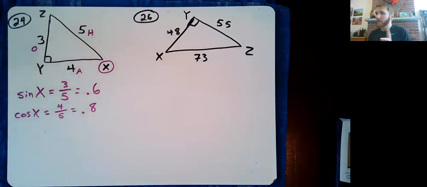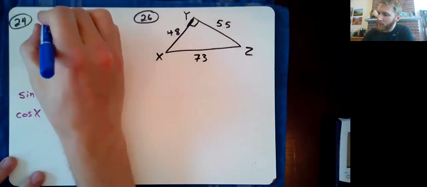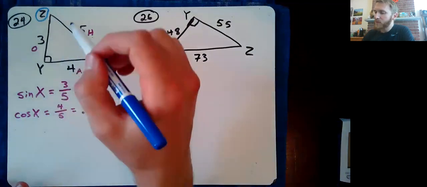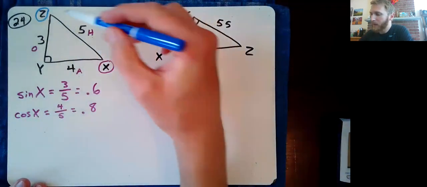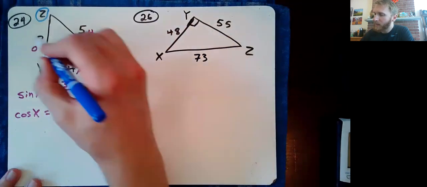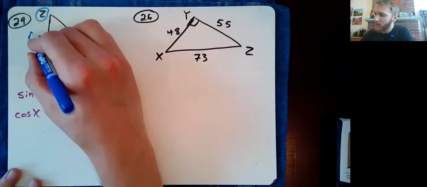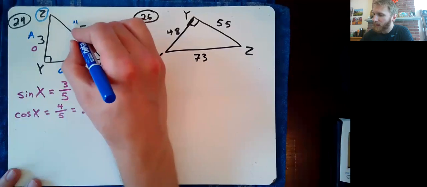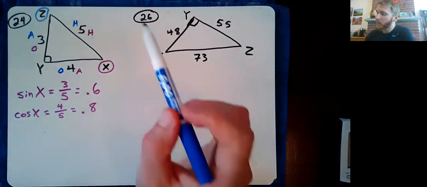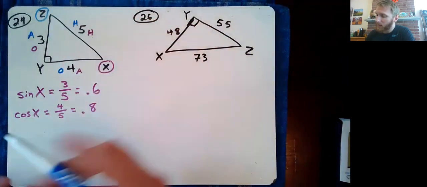Keep in mind, we can do it at both acute angles, so I'm going to also do it for angle z. Now the sides are going to be different. So 4 now is my opposite, 3 is my adjacent, 5 is still my hypotenuse. Now focusing on the blue coloring, and colors can really help you if you have some at home, I can set up my same ratios.